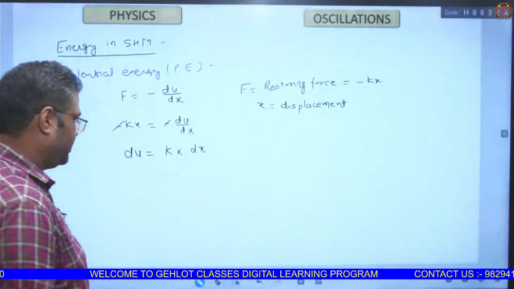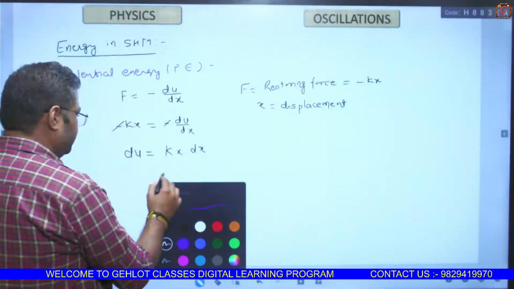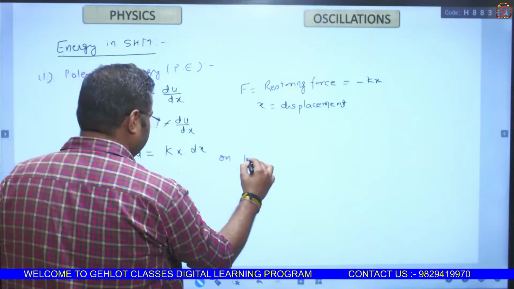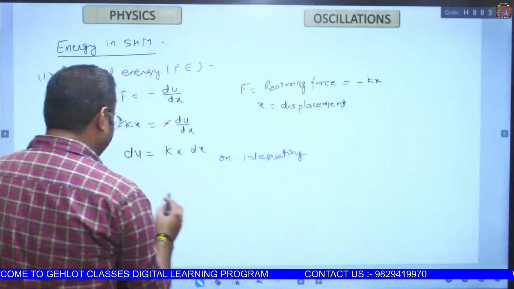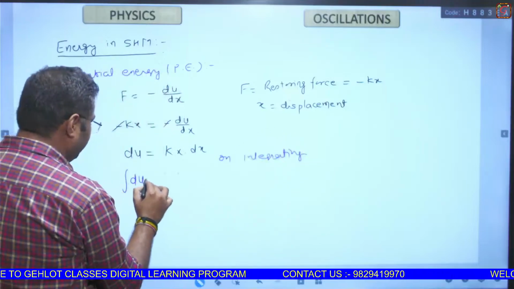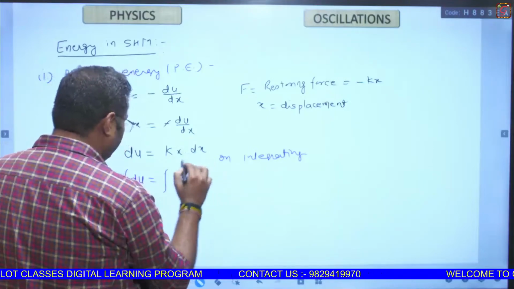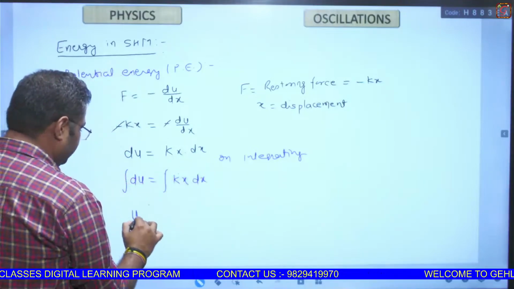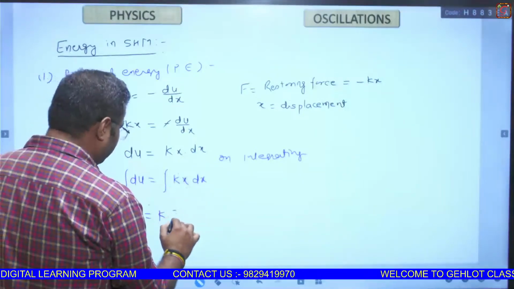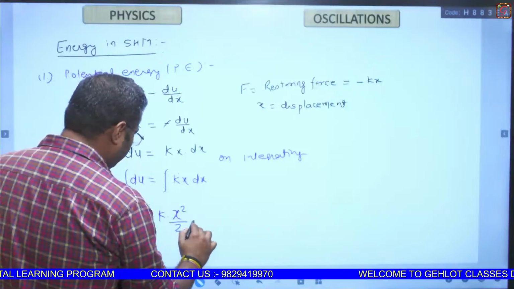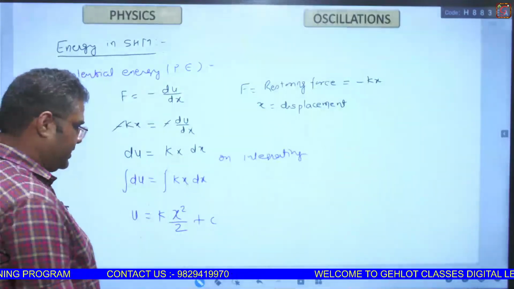Now on integrating, the integration of dU equals the integration of kx dx. So the integration of dU becomes U, k is constant, and the integration of x becomes x square by 2, plus a constant c, because this is an indefinite integral.